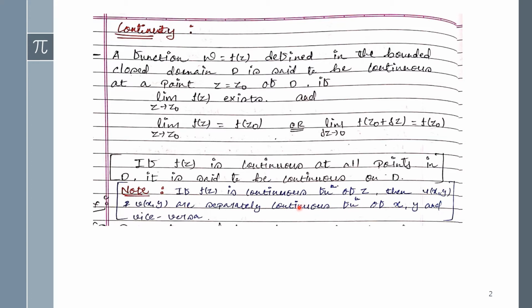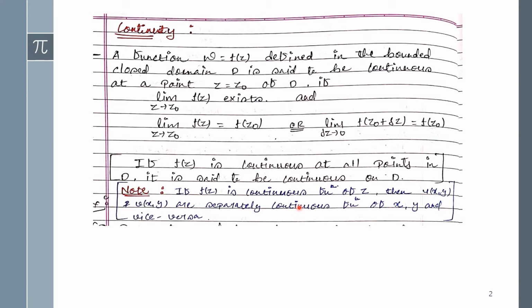It means you know the components of f of z are u plus iv, right? So if f of z is continuous, then u and v will be continuous separately also. Now if u and v are separately continuous, then x and y will be continuous also.